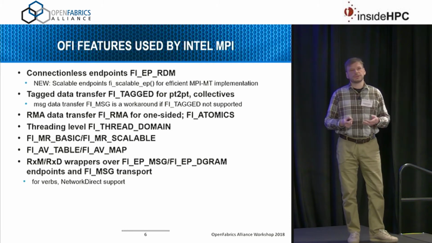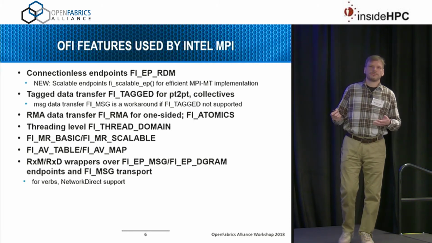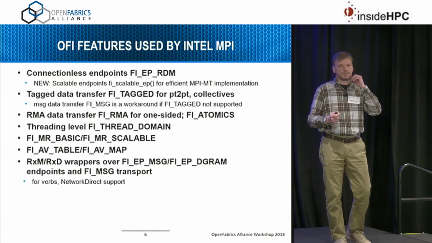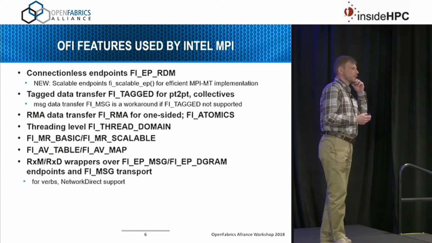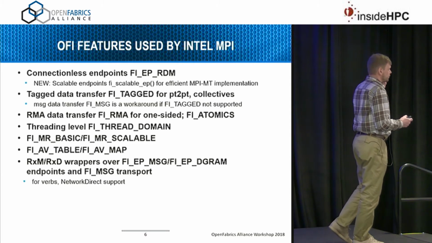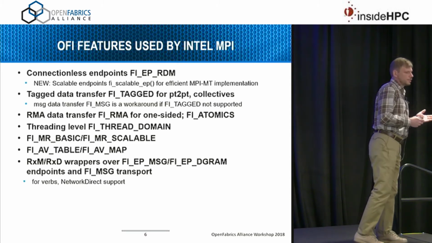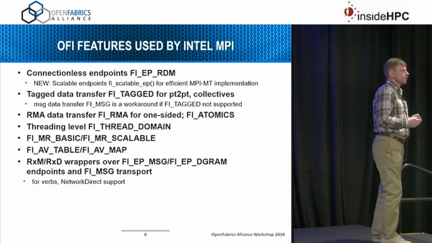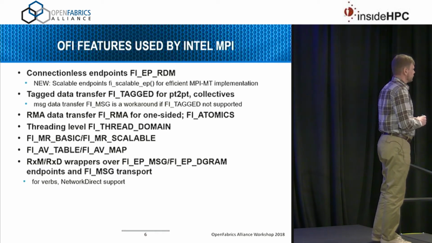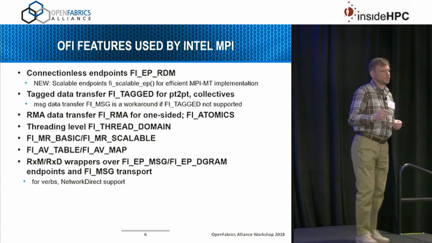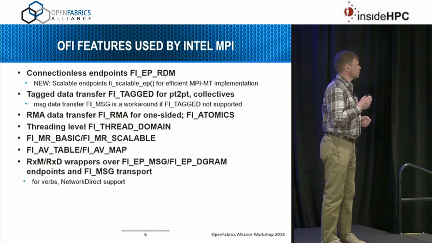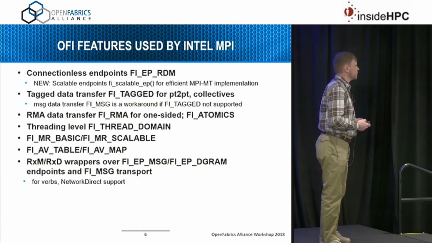We primarily use tag data transfer, but we have a different so-called active message path for another data transport, for just legacy message data transfer using memory regions and so on. We support, of course, RMA data transfer.